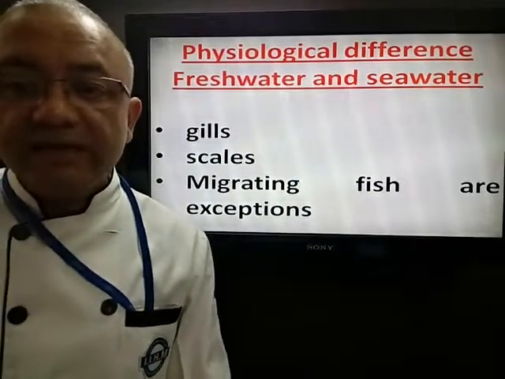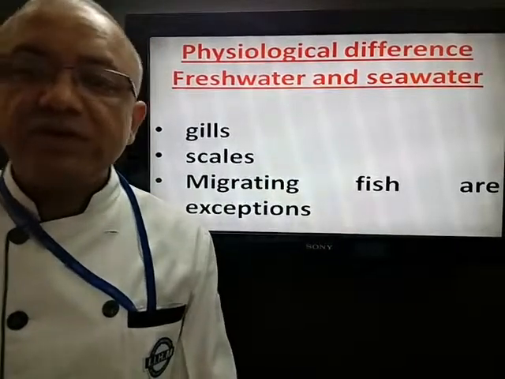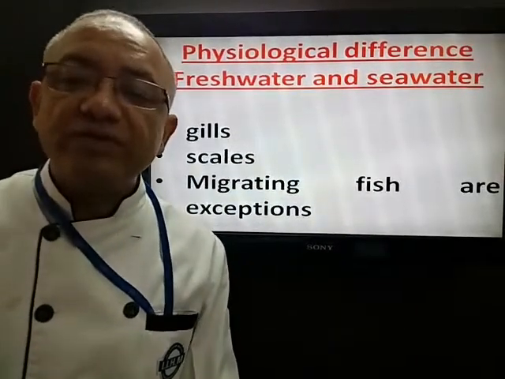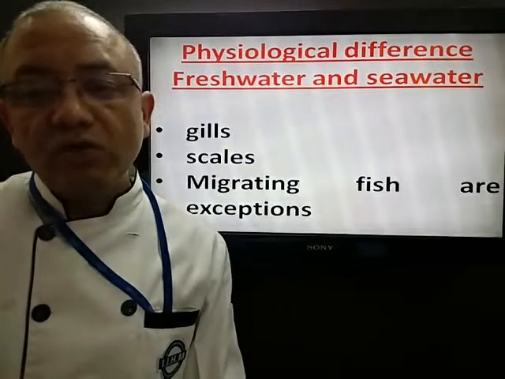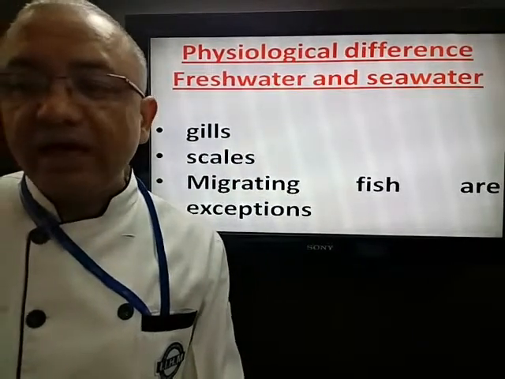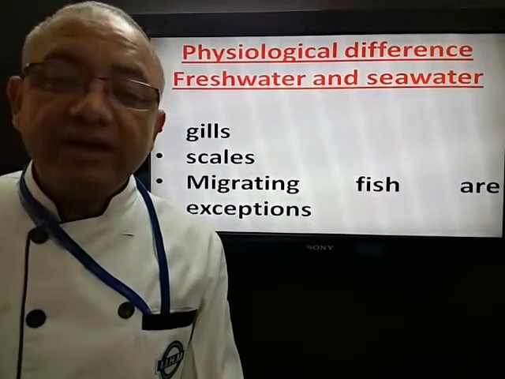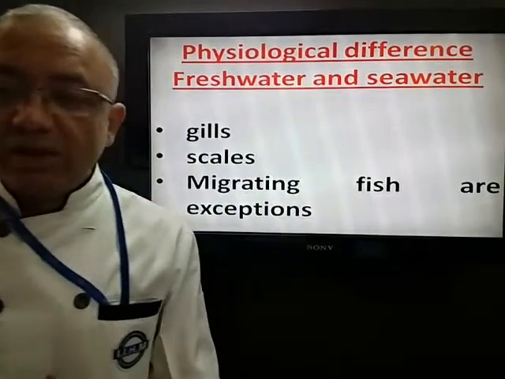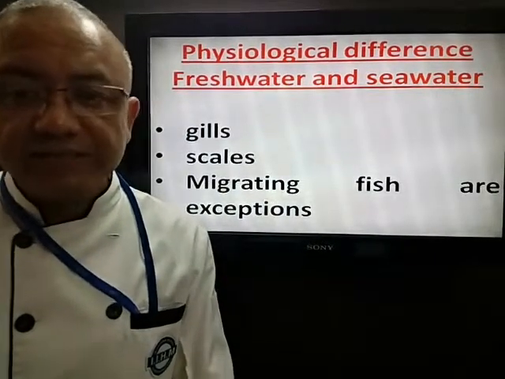Now their scales reduce the water diffusion through the skin. So freshwater fish that do not have enough of these scales will eventually die out. And they also have well-developed kidneys to reclaim the salt from the body fluids before the excretion.